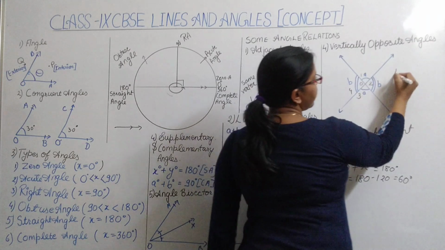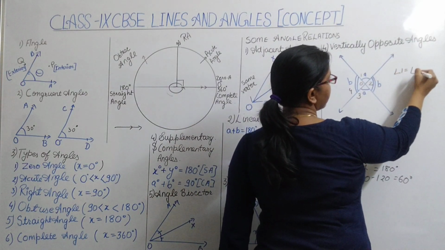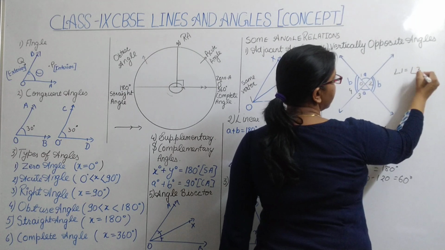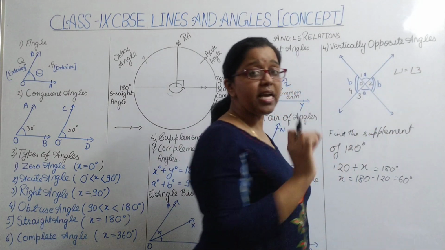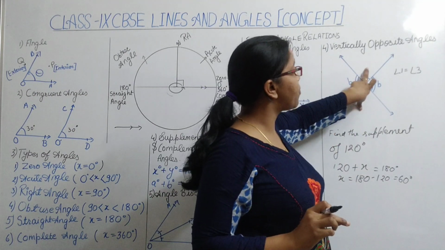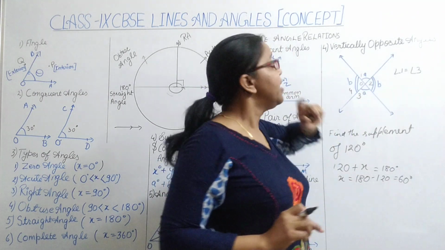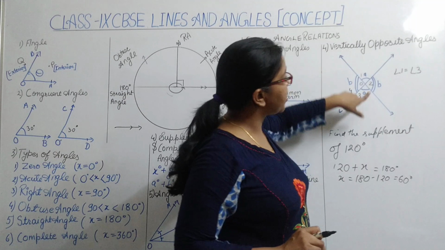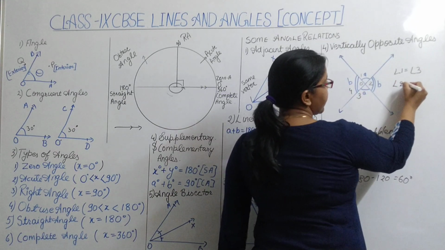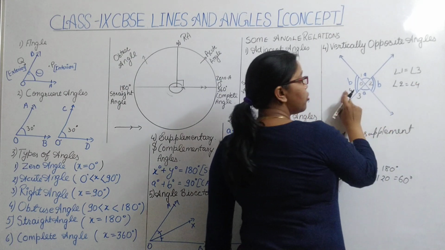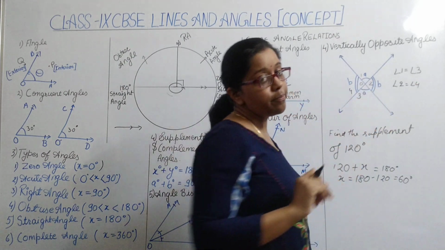Here angle 1 is equal to angle 3, isn't it? Why? Because they are vertically opposite angles. We always have to understand that vertically opposite angles are always equal. That is why I have written the measurement of both as A. In this way, angle 2 is equal to angle 4, and here also both are written as B.